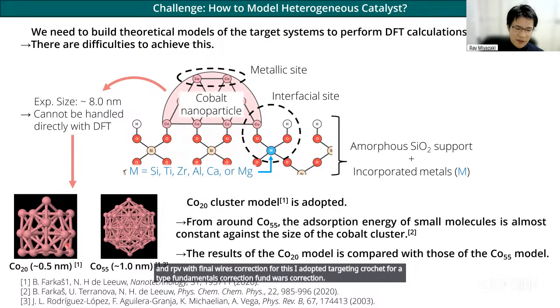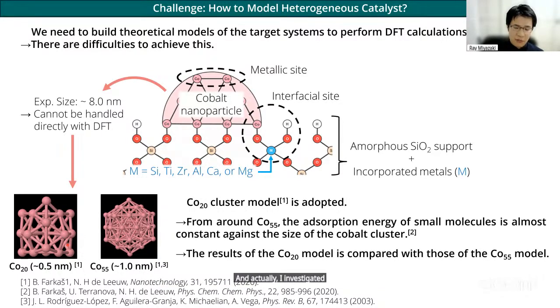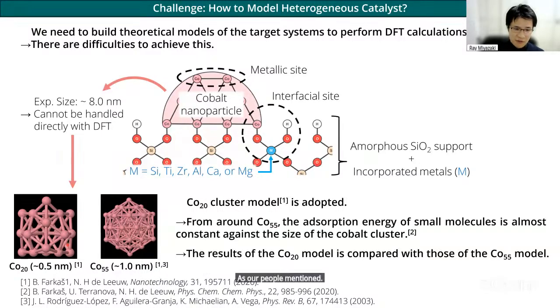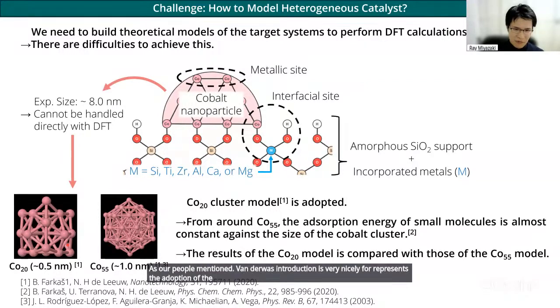I investigated the adsorption energy of carbon monoxide on the cobalt surface, because there is an experimental report for the adsorption energy and the vibrational frequency of CO on the surface. I realized that, as other people mentioned, van der Waals interaction is important for representing the physisorption of molecules on a metal surface.